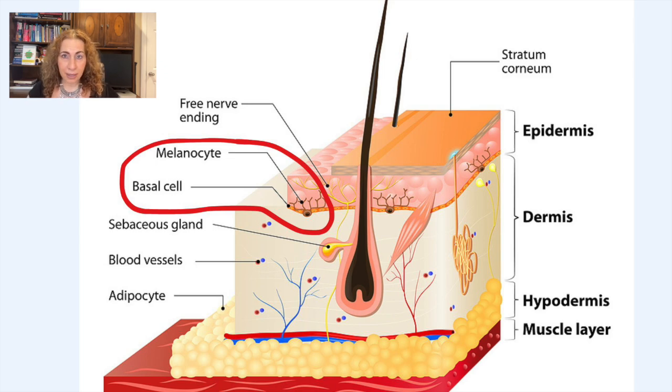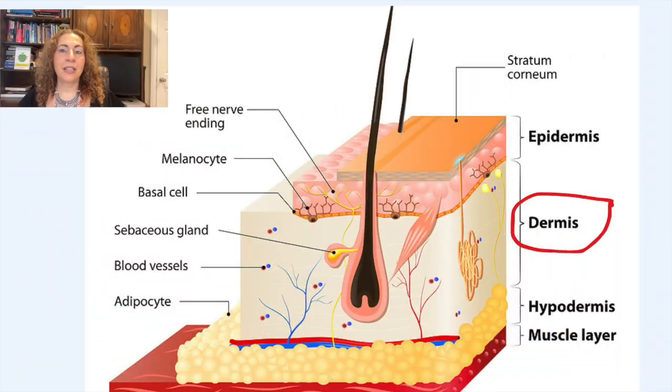The next layer deep to the epidermis is called dermis. It contains blood vessels, nerve endings, and other important structures. Melanoma may spread from the epidermis into the dermis, and as it progresses, it gains access to lymphatics and blood vessels, and that can facilitate its spread to other parts of the body.